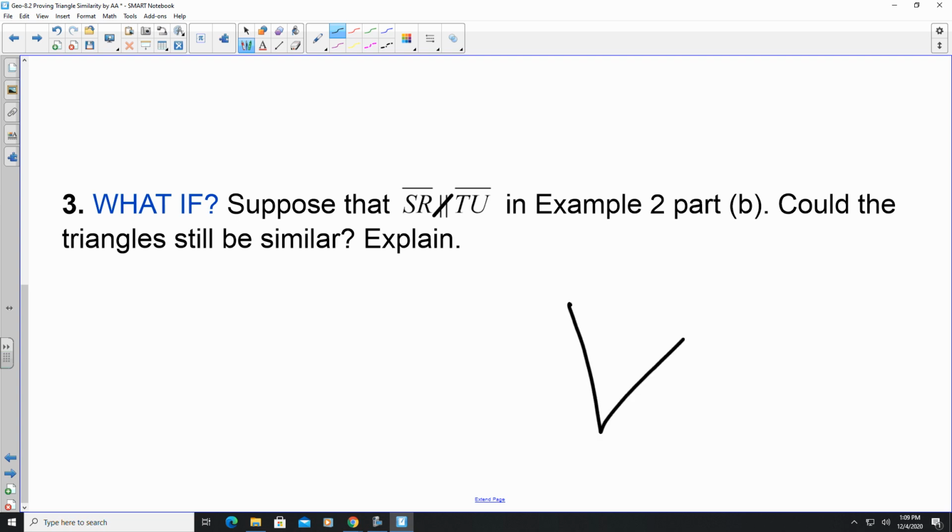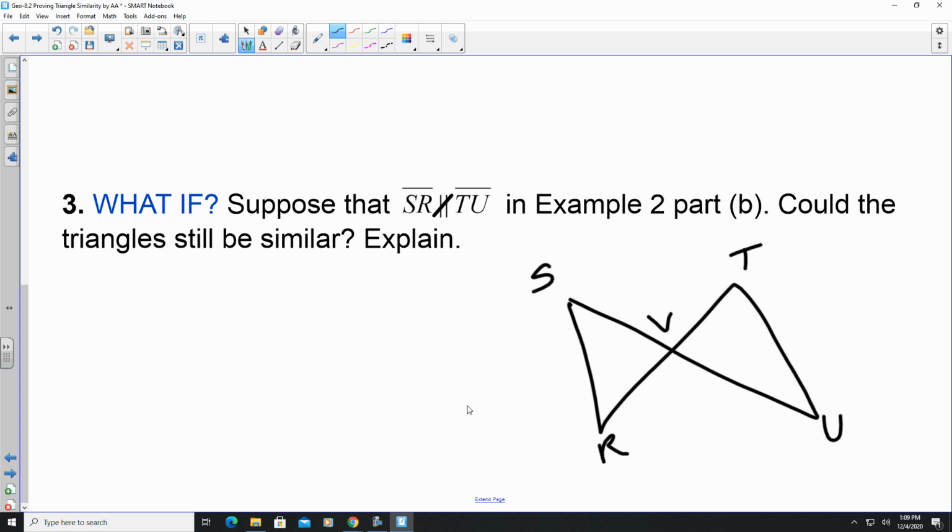So if you had that same look, so this is S, this is R, this is V, this is U, this is T, but there's no parallel symbol, so it would just look like this. Well, you would know that these two angles would be congruent because of vertical angles, but because SR and TU are not parallel in this instance, I cannot prove that those two triangles are similar.